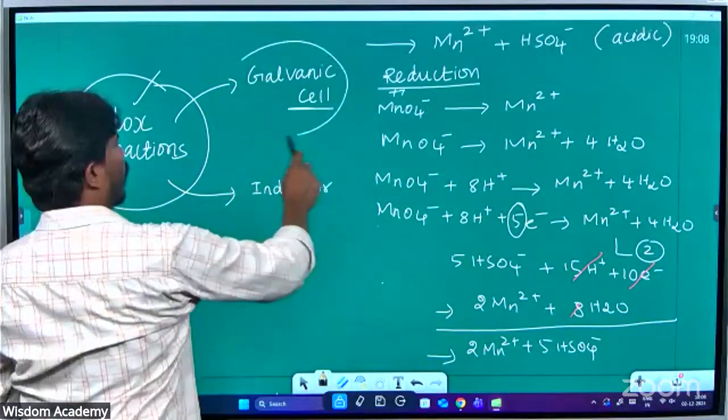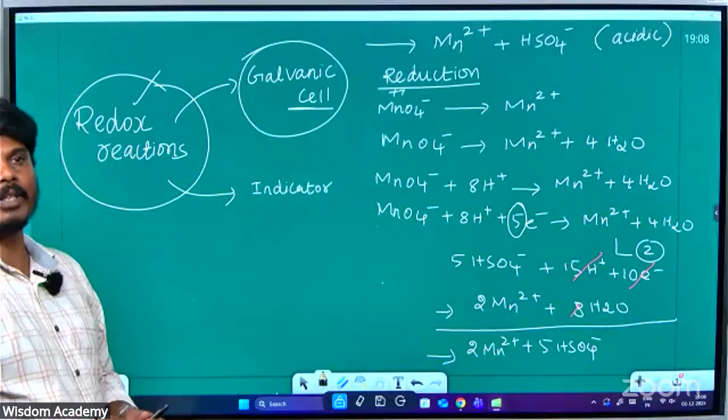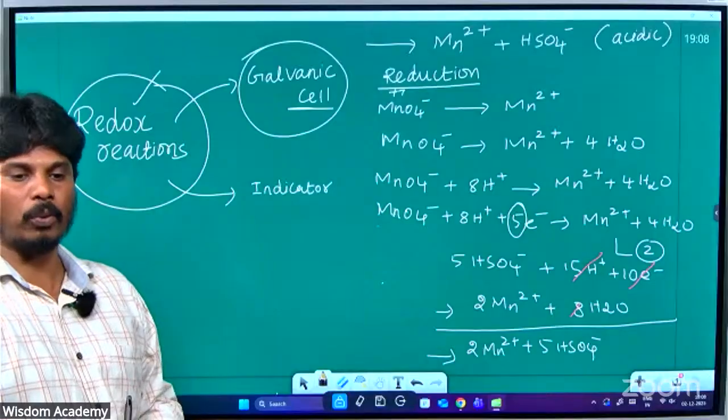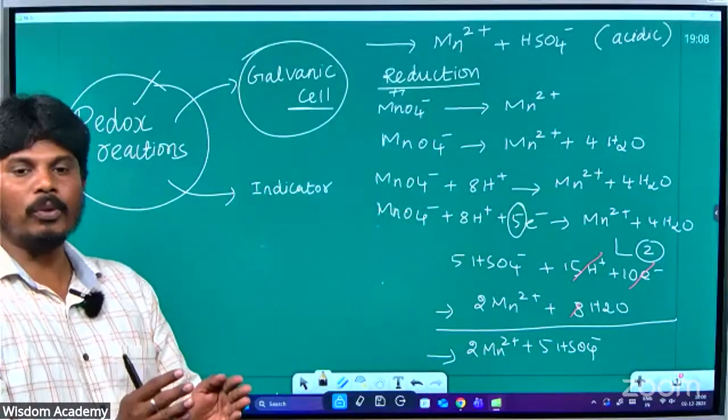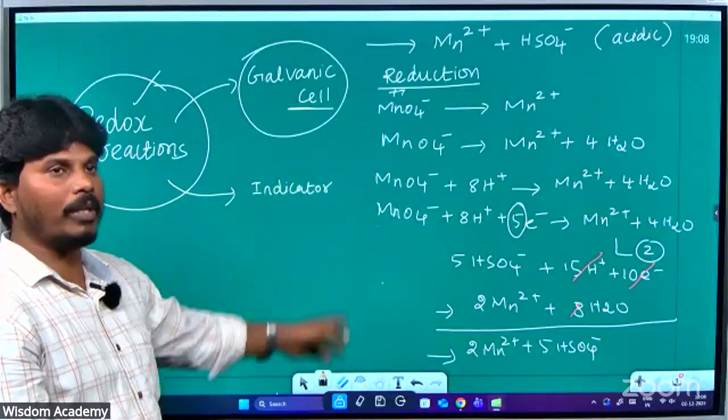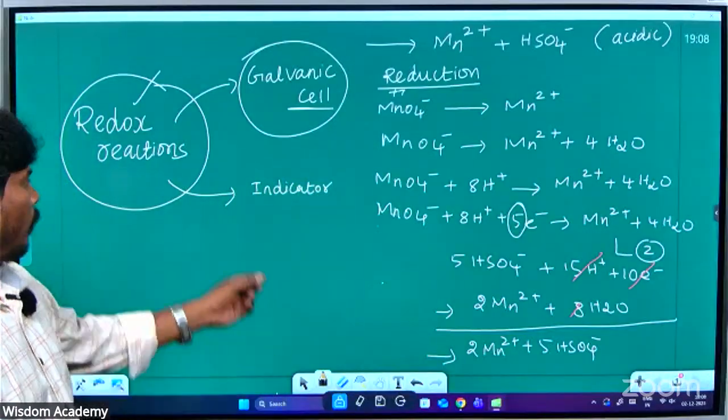You should know basic information about the galvanic cell at least in 11th grade. Next year we have electrochemistry, one complete unit. The fundamentals of that complete unit, the basic terms, we are going to discuss now in 11th grade. Note down galvanic cell.